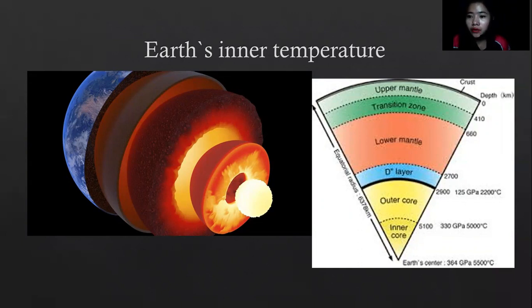In terms of temperature, the crust is about 6 to 700 degrees Celsius, the mantle is 870 to 4,400 degrees Celsius, the outer core is 4,400 to 6,100 degrees Celsius, and our inner core is 7,000 to 8,000.